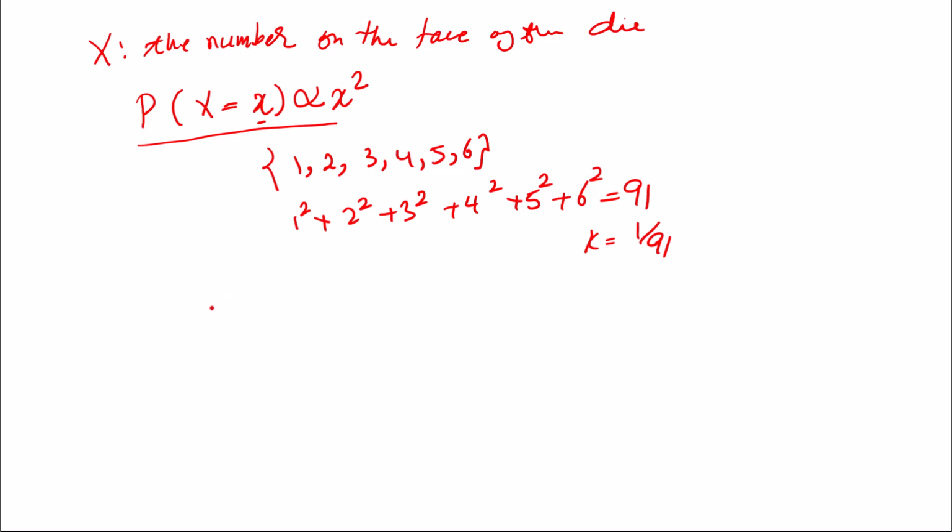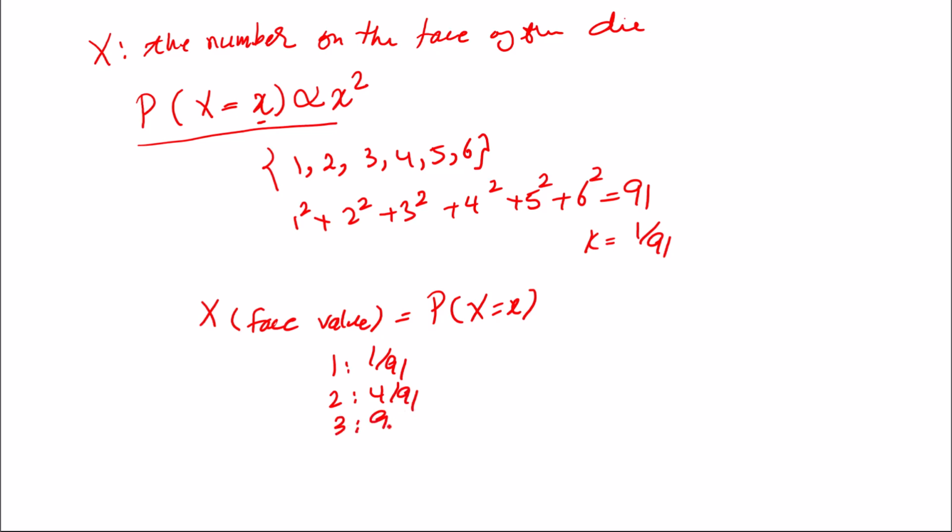Then we can write, for the face value x, p(X equals x). For 1, it's 1 by 91. For 2, it's 4 by 91. For 3, it's 9 by 91. For 4, it's 16 by 91.